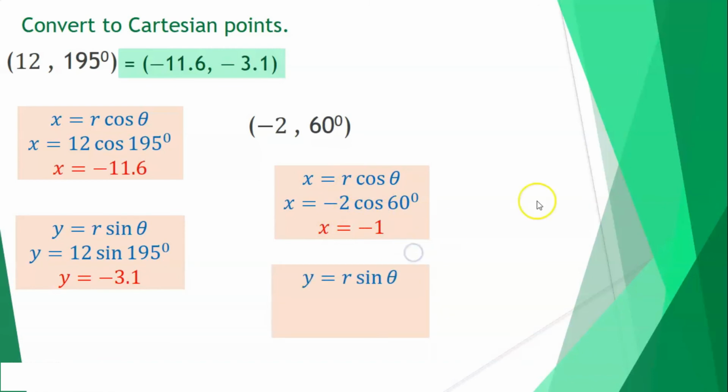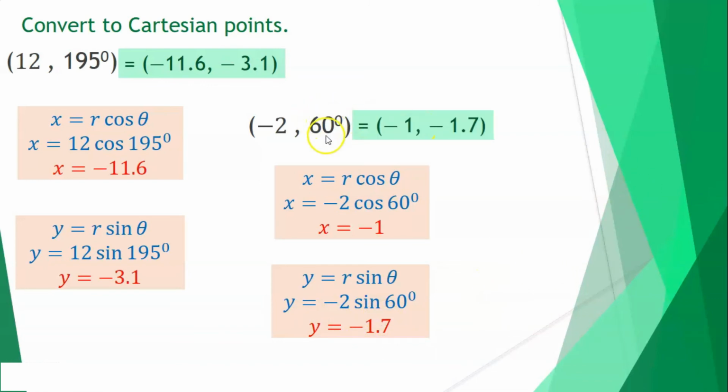Next, y, r sine theta, so substitute. So simplifying this, we will have -1.7, or this is approximately -square root of 3. So take note, 60 is in the first quadrant, but take note the radius is negative. So go to the opposite quadrant, which is the third quadrant. And this point is located in the third quadrant.